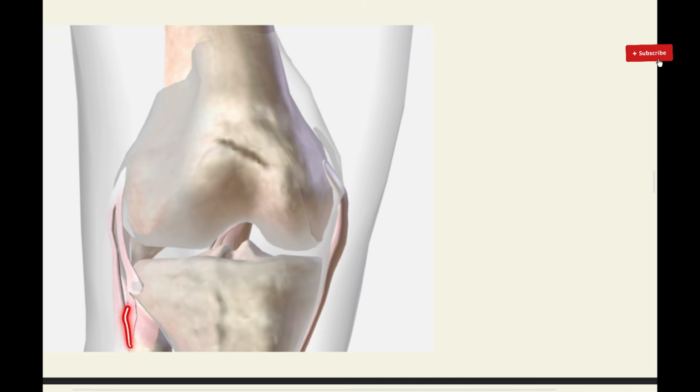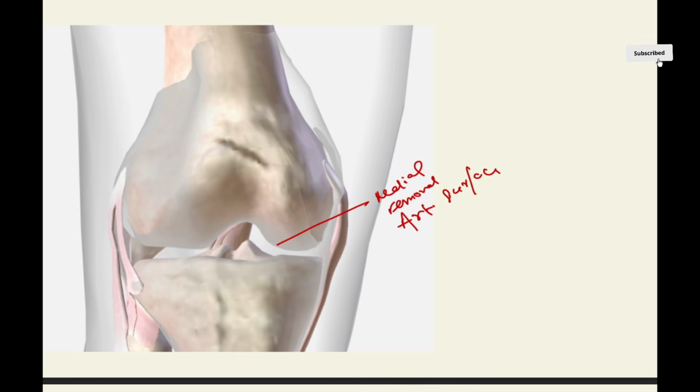Again, let us find the fibula. This is the fibula present. That means this is your lateral femoral articular surface, and this will be your medial femoral articular surface.